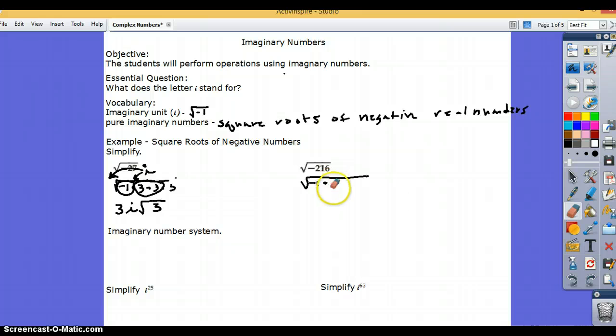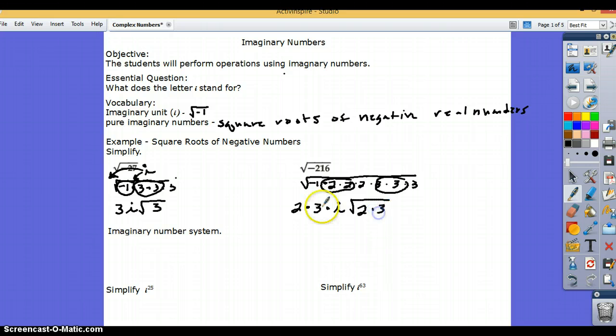Alright, so that means right here we have 2 times 2 times 2 times 3 times 3 times 3. Alright, so I got a pair of 2's, I got a pair of 3's, so that means I have 2 times 3 times i on the outside, remember the i being the -1, and on the inside we have 2 times 3. 2 times 3 is 6i times the square root of 6.